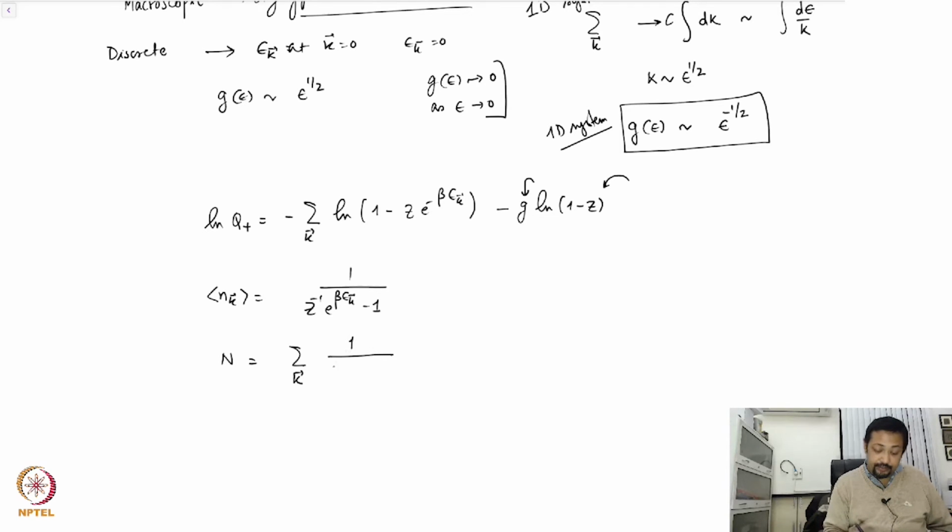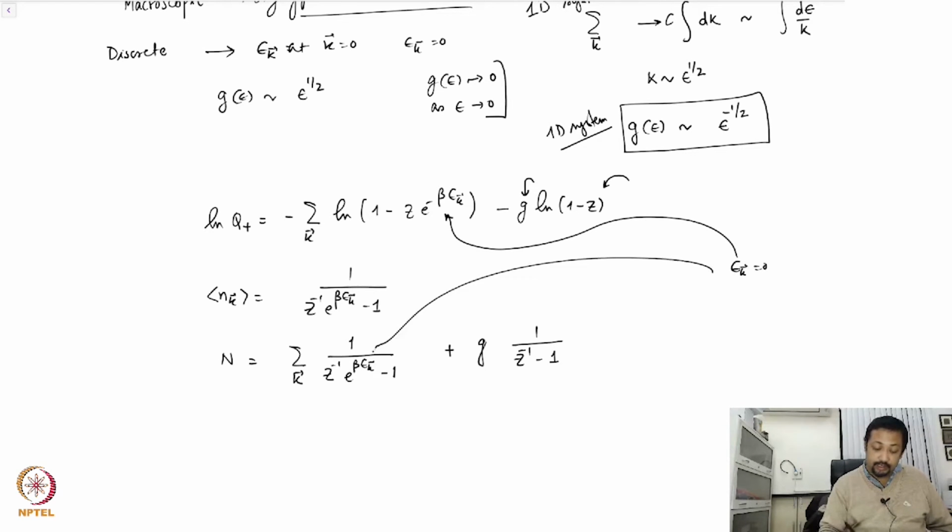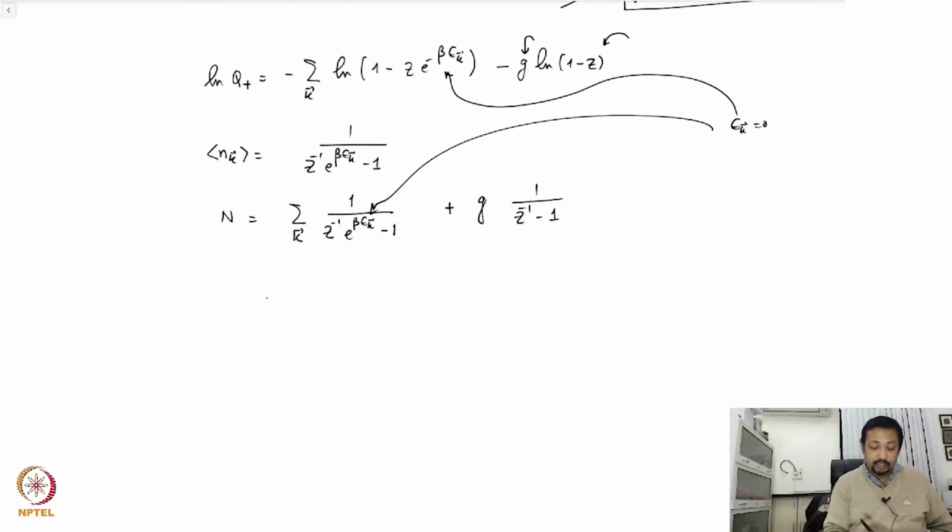So I can take care of it this way: the sum over k of 1 over (z inverse e to the power beta epsilon k minus 1), plus g times 1 over (z inverse minus 1), where I have set epsilon k equal to 0 to get the last term. So this gives the sum over k of 1 over (z inverse e to the power beta epsilon k minus 1), plus g z over (1 minus z), right?